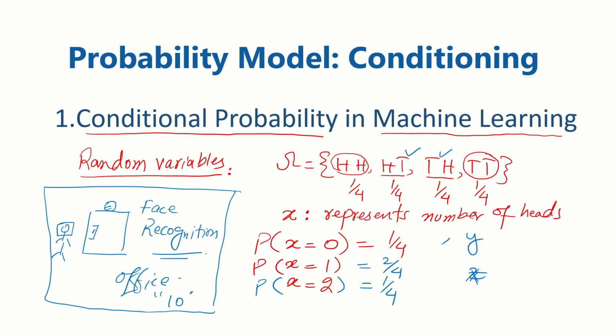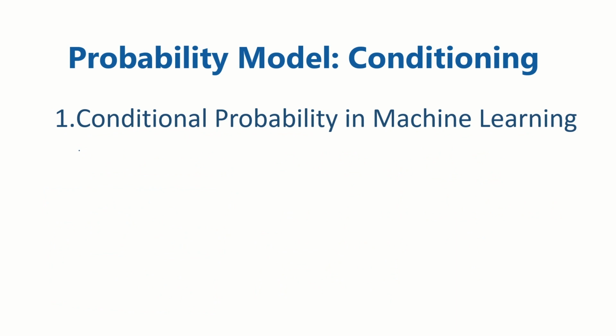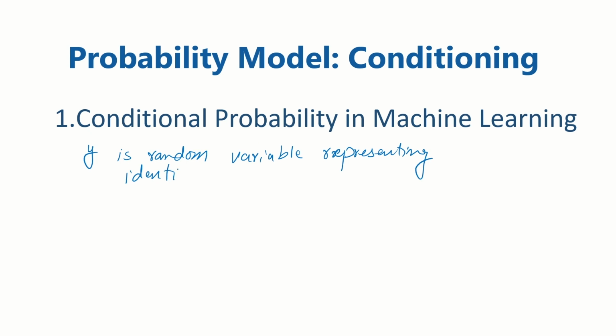And let's say Y is a random variable representing the identity of a person that walks into the office.